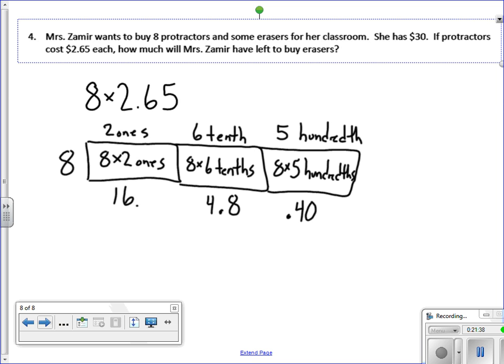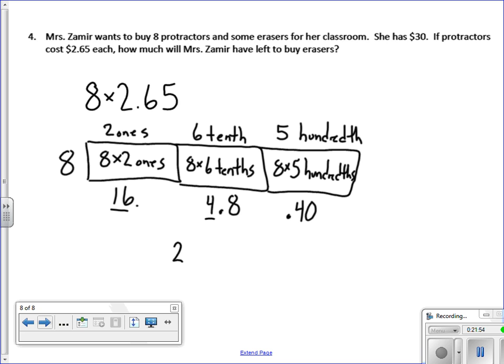If we add up our whole numbers, we've got 16 and 4, which gives me 20. We have 8 and 4, is 9, 10, 11, 12, which we can't do. So we now need to make this into a 1 and a 2. So we have $21. To make it money, we need to put a 0 behind it.